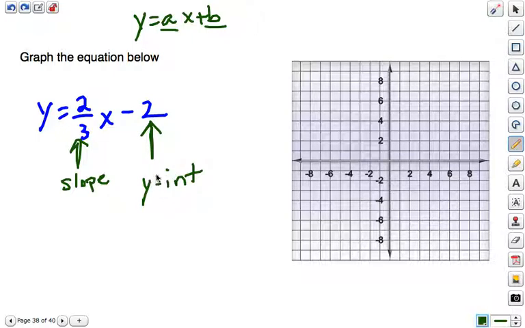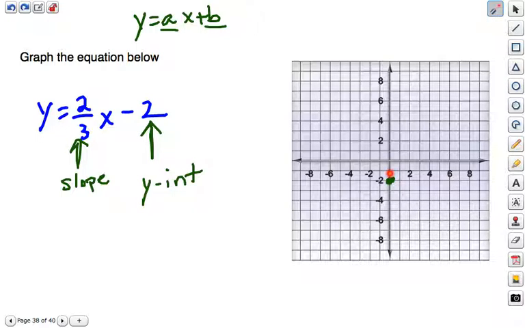So what we can do to graph this is first identify the y-intercept and plot that, and then we can use our slope to draw a few more points. So we know that this is our y-intercept at (0, -2). So then what we can do is rise 2 and run 3, and that'll give us our next point.